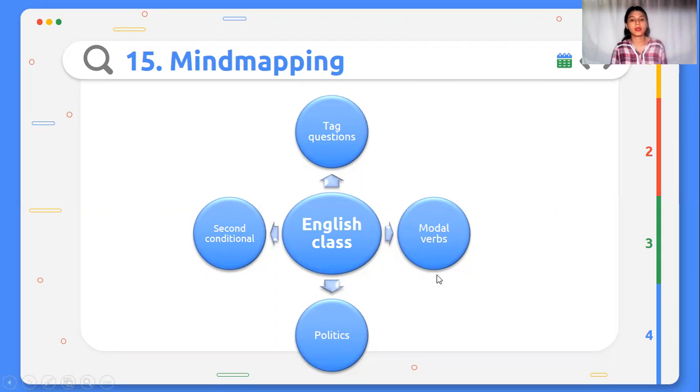So here I only have 4 topics in total, but the student can put more topics about something that they have already seen, or something that they think they will see in the next class.